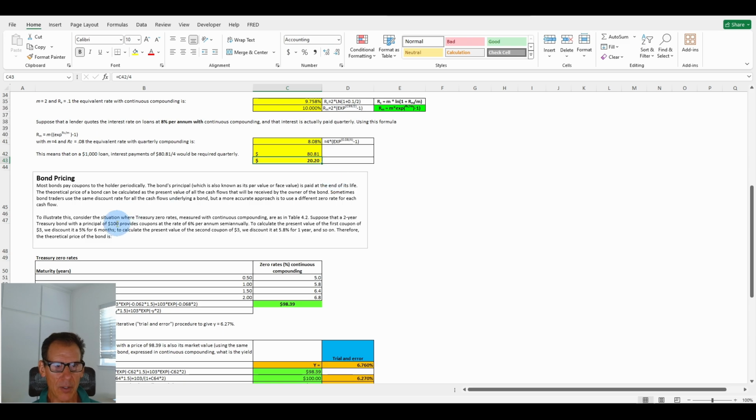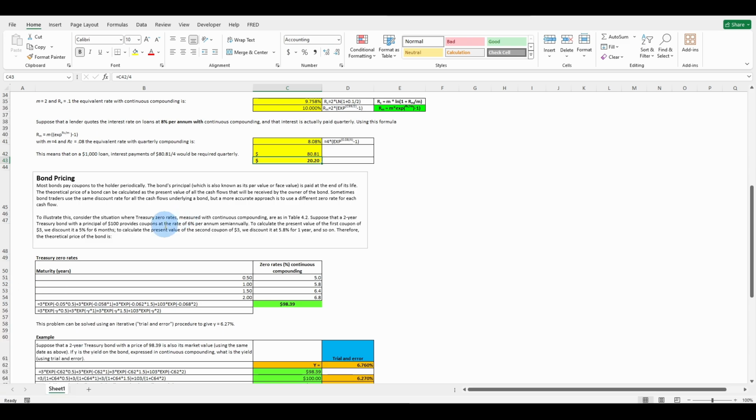To illustrate this, consider the situation where Treasury zero rates measured with continuous compounding are in table 4.2. That's right here. Remember, I used those numbers before. The reason being is once we get into forwards, we'll calculate these using zero coupons. And what? Yep, baby steps. Suppose that a 2-year Treasury bond with the principal of $100 provides coupons at the rate of 7% semi-annually.